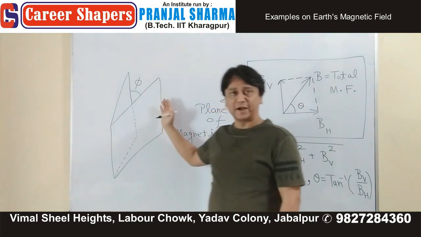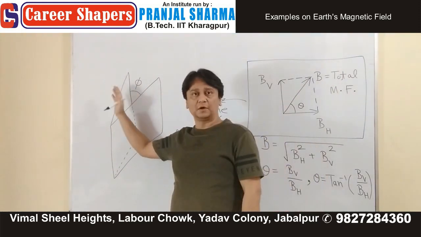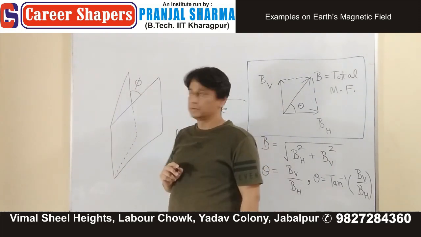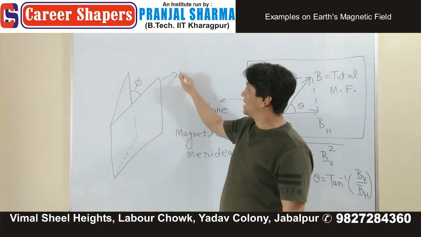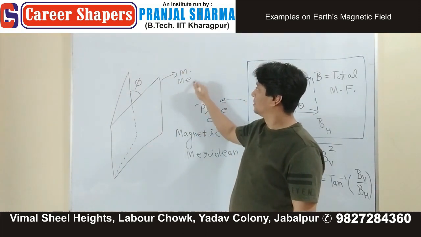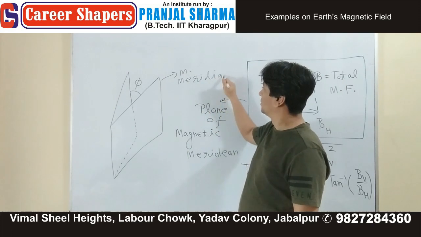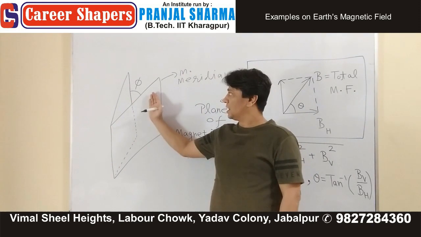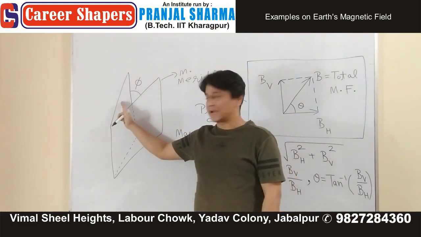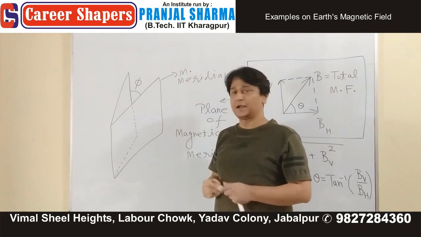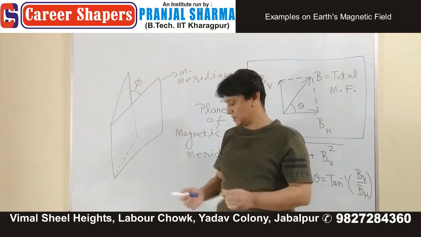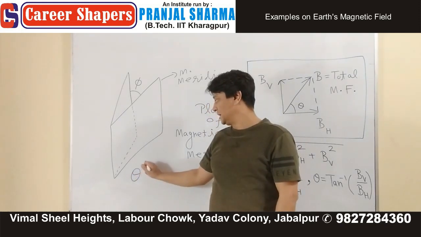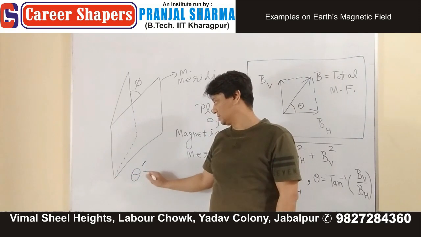This is the plane of magnetic meridian and this is some other vertical plane. The angle is what? Phi. This is the magnetic meridian. The angle is what? Phi. In this second plane, if I hold my magnetic compass, then find out the new angle of inclination theta dash.